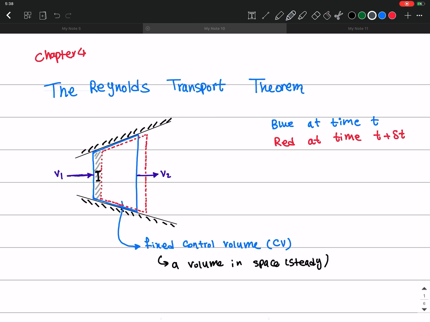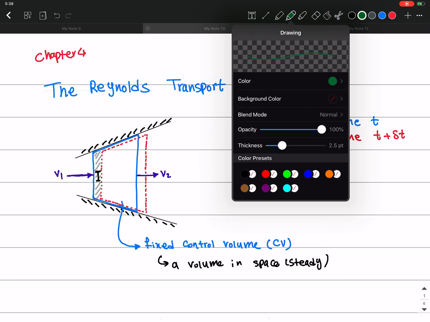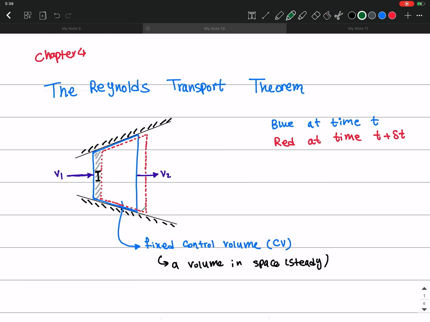And then the other one, this volume here, I'm gonna call volume 2.